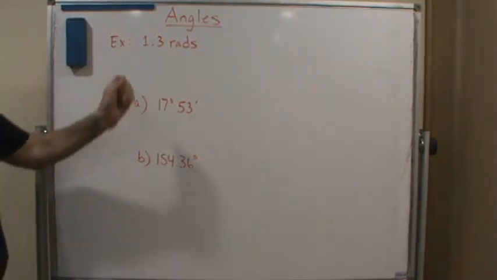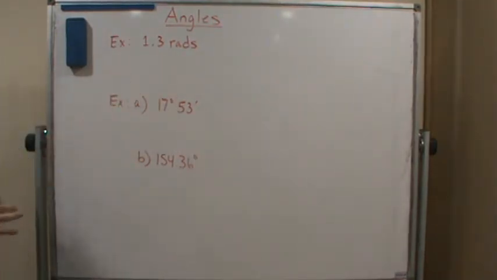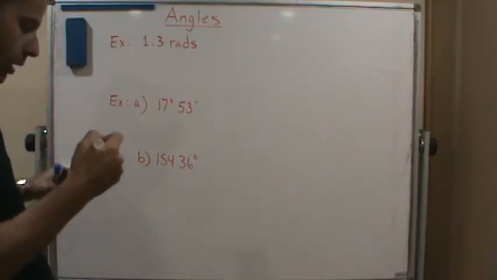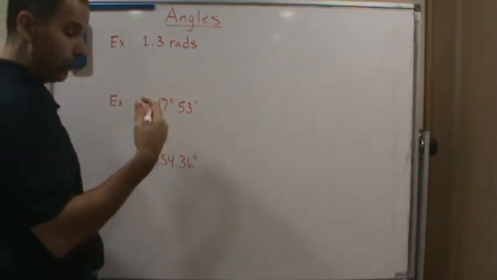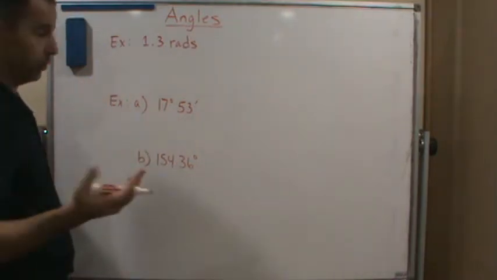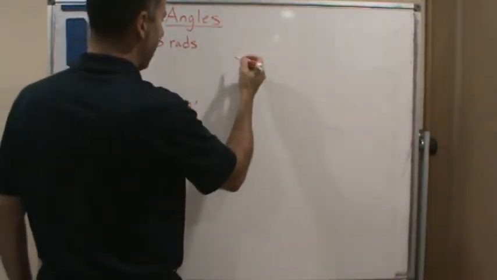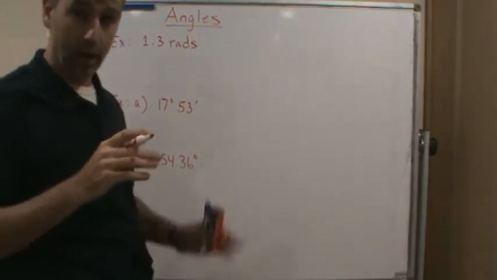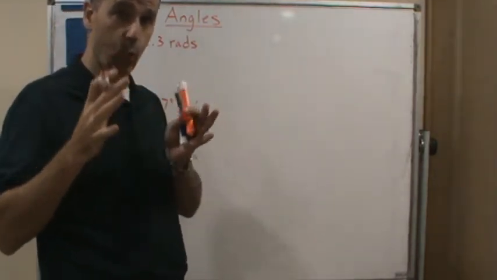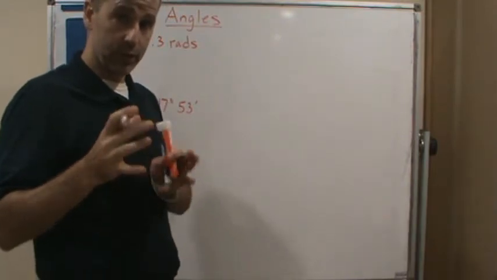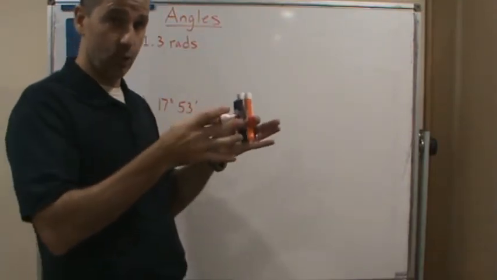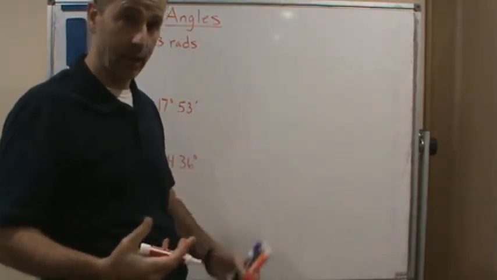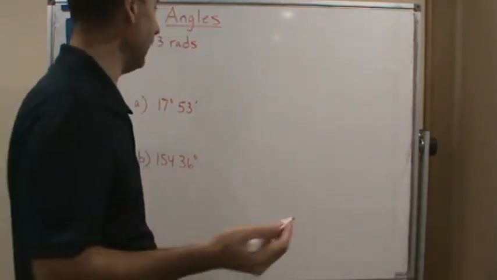So all we're going to do is convert from radians to degrees. So again, we're going to use our unit ratio. How do we convert from radians to degrees? We have to figure out how many radians is equal to one revolution of a circle, because we already know that 360 degrees is equal to one revolution. Well, how many radians does that mean? It turns out that it's 2 pi.